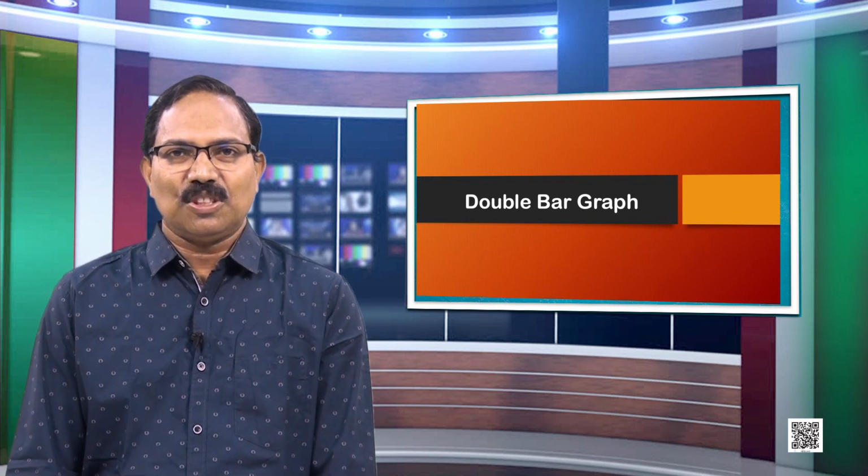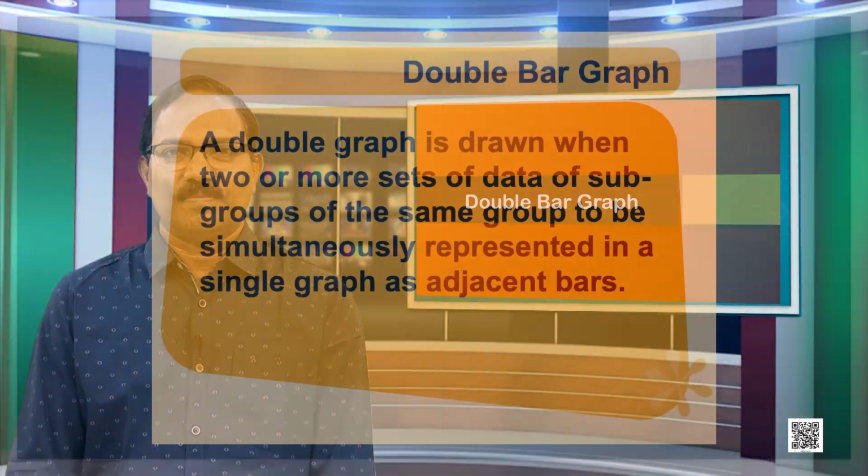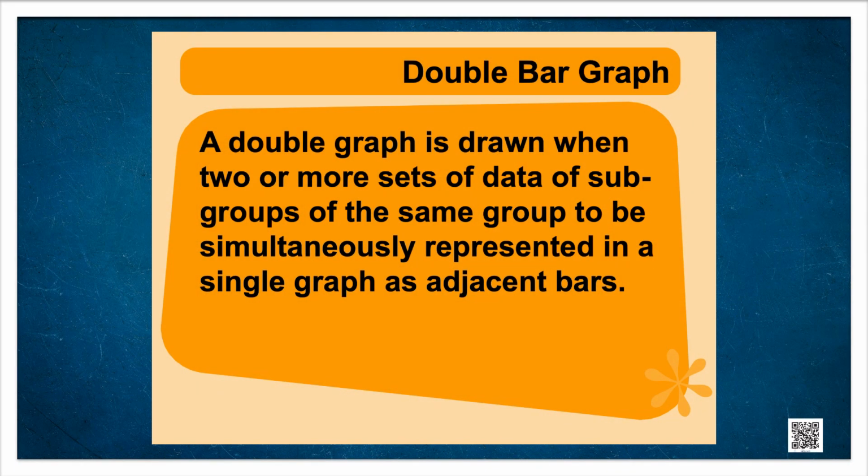So, when do you use a double bar graph? A double bar graph is drawn when 2 or more sets of data of subgroups of the same group are to be simultaneously represented in a single graph as adjacent bars.